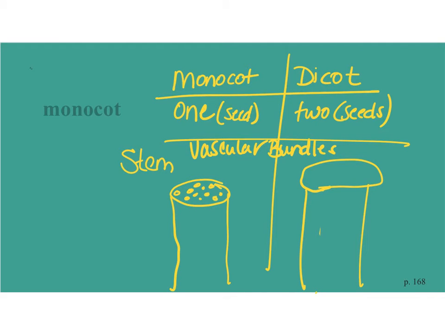The dicot's vascular bundles go in a circle, like this. That's what we're referring to, the stem and the vascular bundles of the stem. So, monocots, vascular bundles are scattered. Dicots are in a circle.